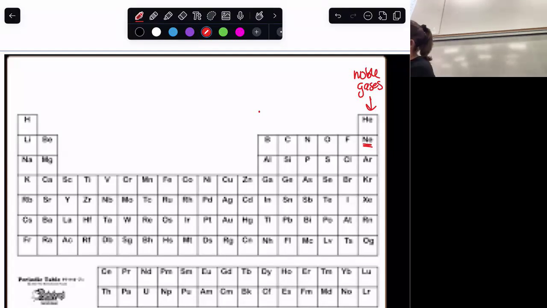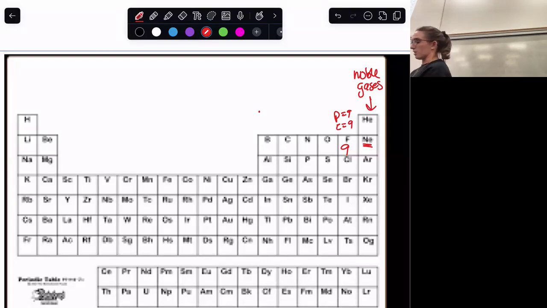So if fluorine is our 9th element, how many protons and how many electrons does it have? It has 9 and 9, right? It has 9 protons and 9 electrons. Neon has 10. So in order to get to 10 electrons, do we need to add an electron or subtract an electron?